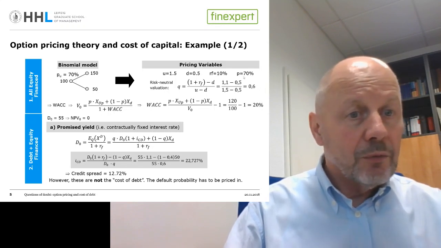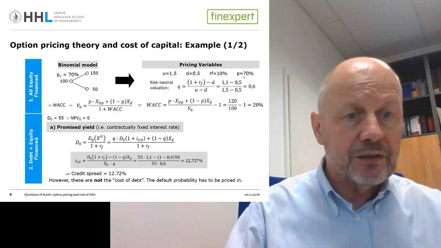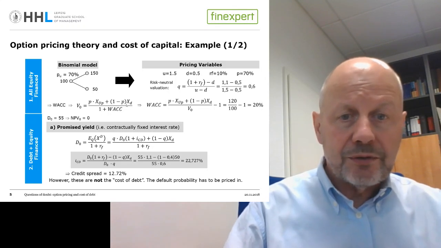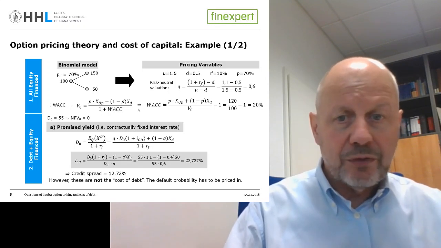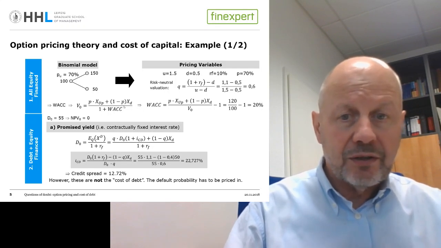We also have given the unadjusted probability, the not risk-adjusted, true real probability, that is 70%. So the first thing that we can do is calculate the WACC of the all equity financed firm, which is of course equal to the cost of equity in this particular case.